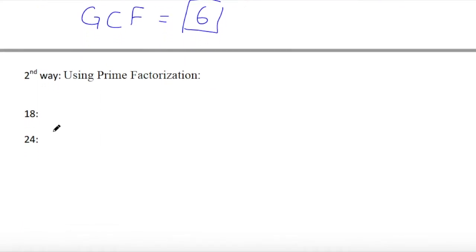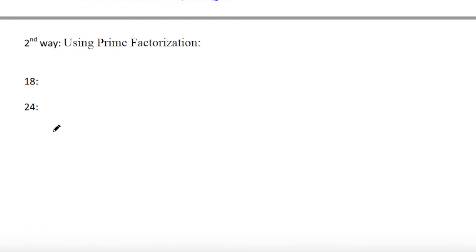Second way, using prime factorization. We do prime factorization by any way, like the factors for 18 equals 2 times 9, and 9 can be 3 times 3. So we can write 18 as 2 times 3 times 3.